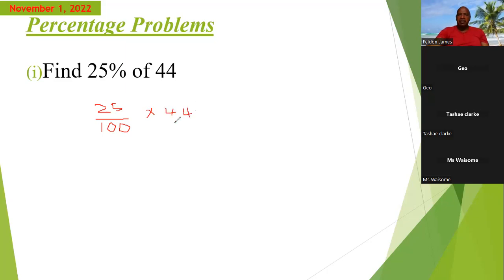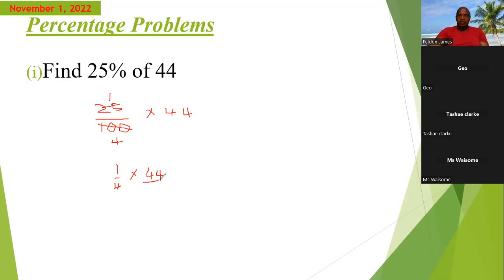And if we simplify this, we get 25 into itself, and 25 into 100 goes 4 times. So finding 25% of 44 is the same thing as finding a quarter of 44, right? Because 1/4 is the fraction equivalent to 25%.